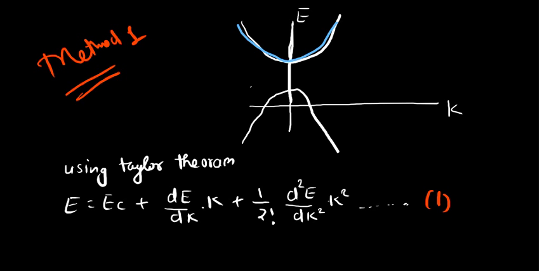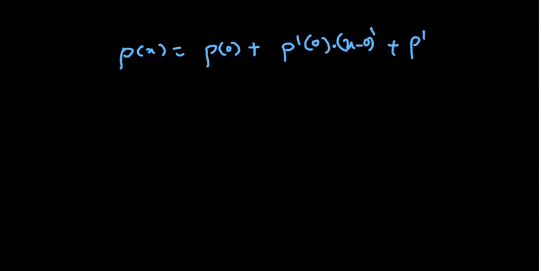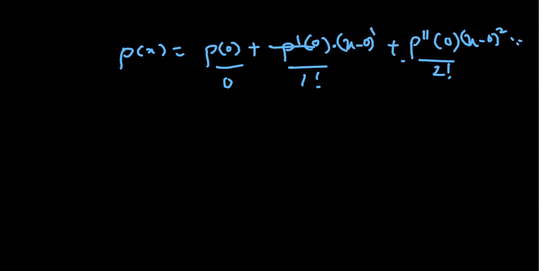In mathematics, we are familiar with Taylor's theorem as P(x) is equal to the value of P at 0, plus P dash at 0 into (x minus 0) to the power 1, plus the double derivative P double dash at 0 into (x minus 0) squared, and so on, upon 2 factorial, upon 1 factorial, upon 0 factorial.